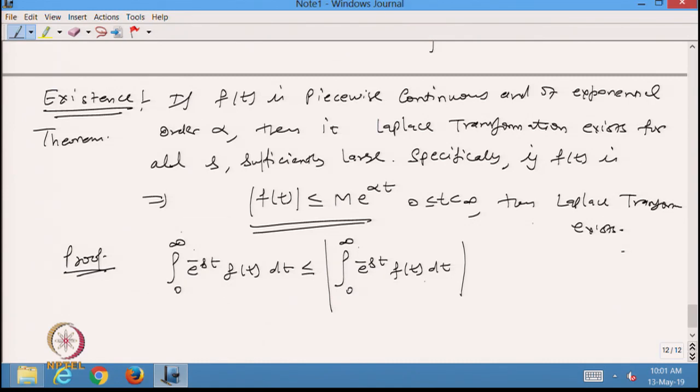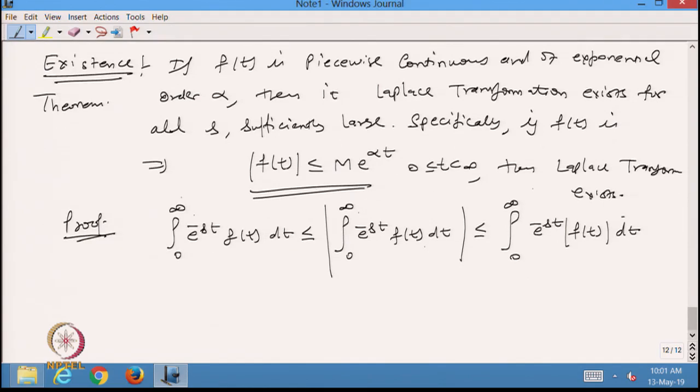If it is negative, then it is a less than. So this can be written as 0 to infinity, it is always positive, just taking the modulus value inside the integral.